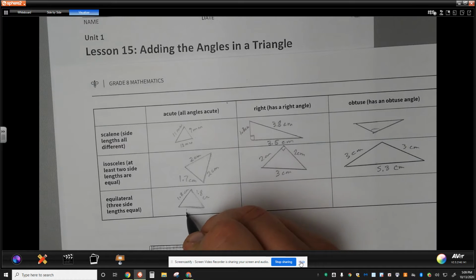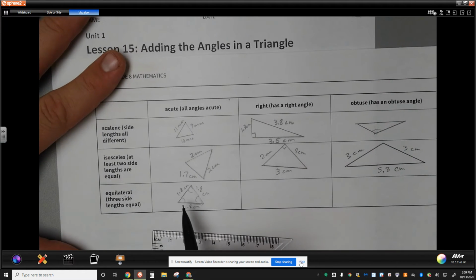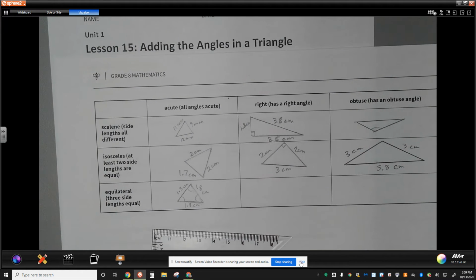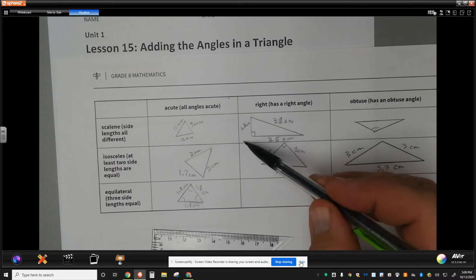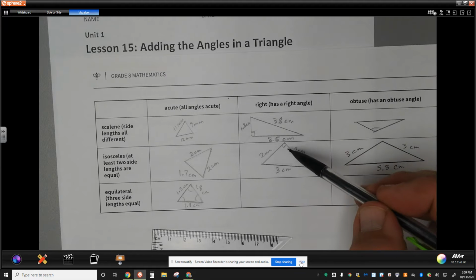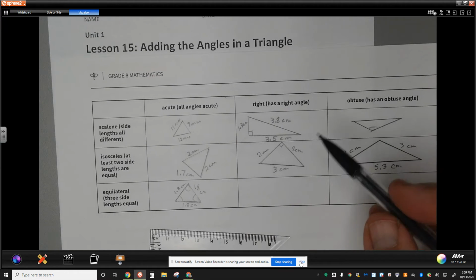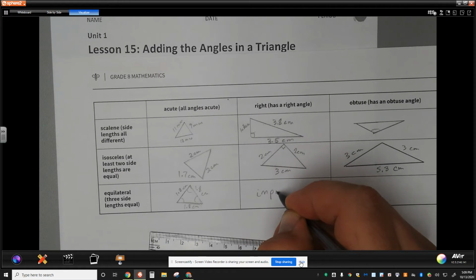But the consequence of each of the 3 sides being equal is that each of these angles inside will also be equal in measure. The hardest part is the question on this equilateral triangle: can that be drawn as a right triangle? I've said each time that the hypotenuse, the side across from the right angle, is the longest side, and if that's the case, to have a right equilateral triangle is actually impossible.